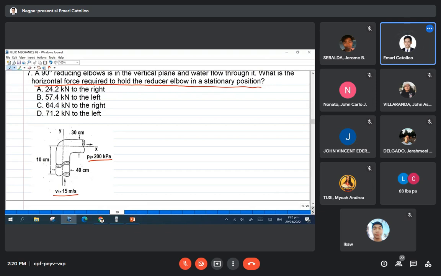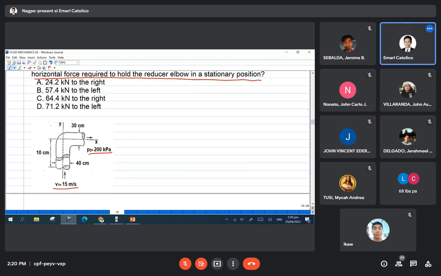Okay? So yung force na kailangan, or yung force na pang-counter natin, para maging stationary position yung ating elbow. So let's say meron tayong force dito, no? Meron tayong force ng fluid. Tapos kapag meron kang force ng fluid dyan, meron kang force counter.